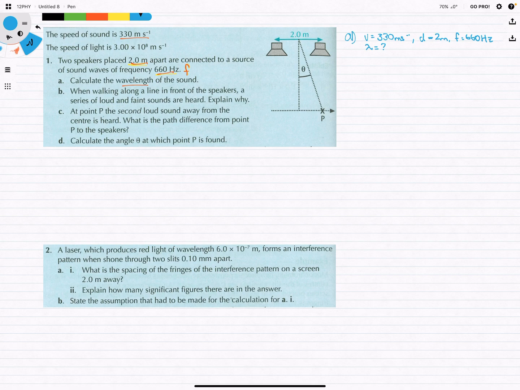So what equation might we use? I think we should use V equals F lambda, our wave equation. This one's super good, nice and easy to use. Do we know V for our wave? Yes, we know the speed of sound, and we know F, 660 hertz. So we can find lambda really easily.